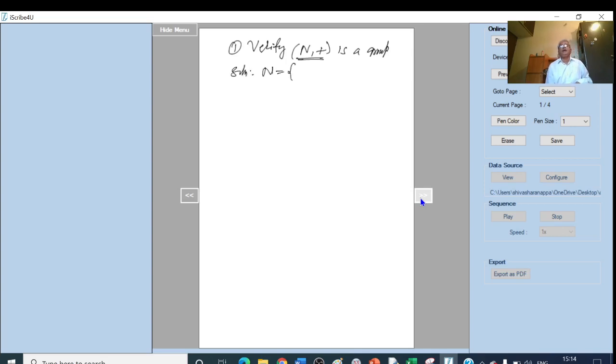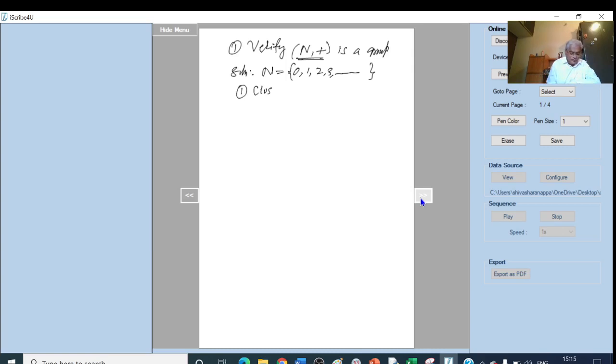N is the set of natural numbers, that is 0, 1, 2, 3, 4 up to infinity. Right? And the order of N is equal to infinity. This is an infinite set. Now to verify that this is a group, I have to verify that all the 4 axioms are satisfied. Okay. Now let me go one by one.